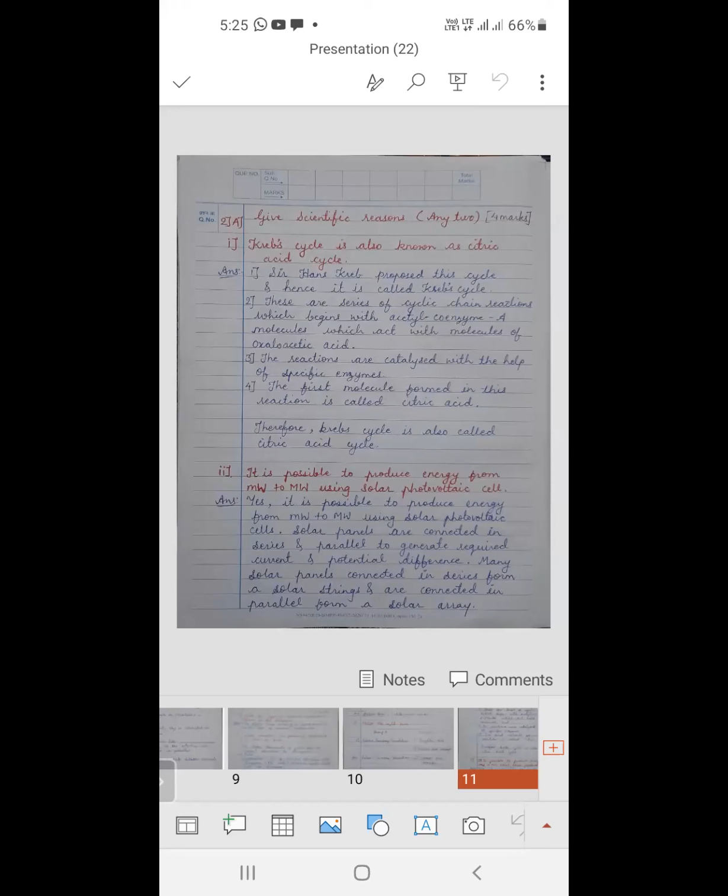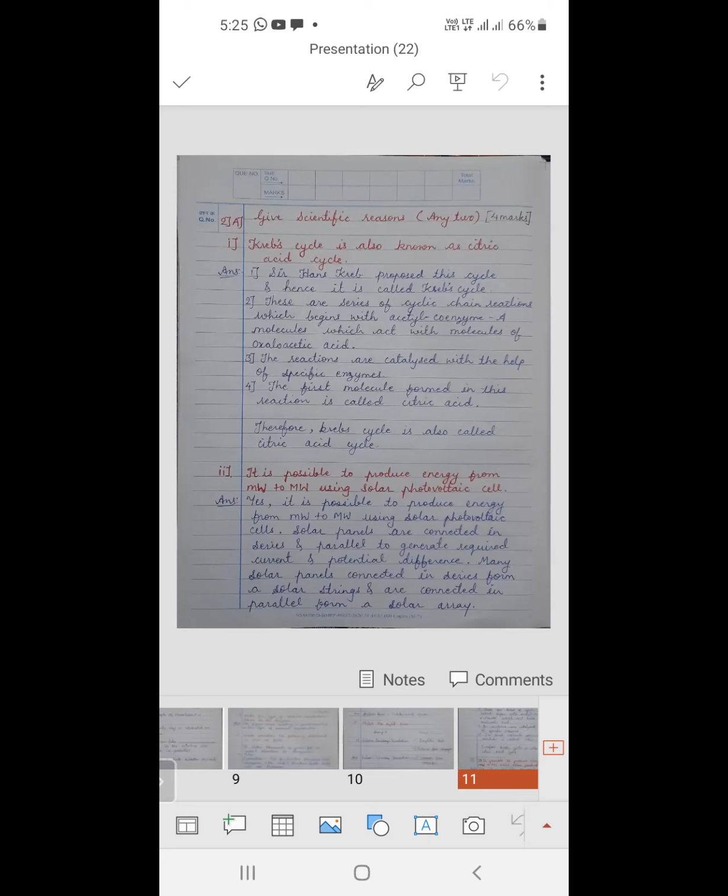If this question carries 2 marks, you have to write 4 points on that question. Here are the points I have written. First, Sir Hans Krebs proposed this cycle, and hence it is called the Krebs cycle. Why is this cycle called the Krebs cycle?